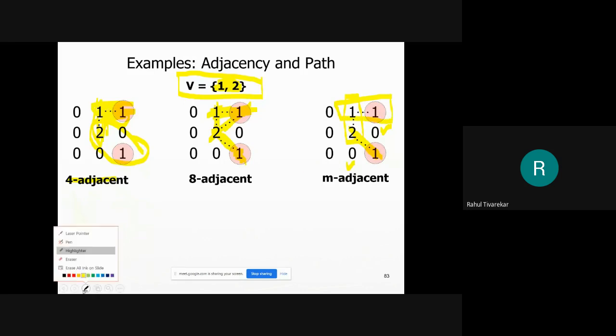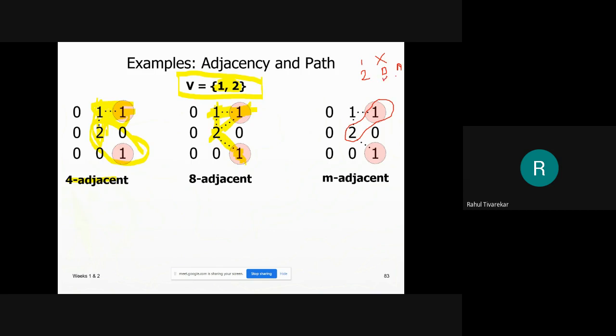And the last pair, let me use the pen now. The last pair, this and this, is not M adjacent. The reason is, for M adjacency, you first check if they are fourth neighbors of each other. So the first condition fails. They are not fourth neighbors of each other. The second condition is, you check if they are diagonal neighbors of each other, and N4P intersection N4Q should be null, which is not a part of V. They are diagonal neighbors, yes.